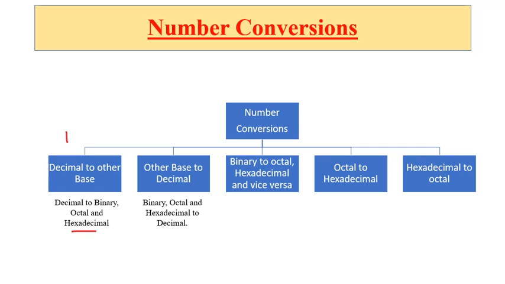In the second category, we will convert other base numbers into decimal, that is, binary, octal and hexadecimal numbers are converted into decimal. In the third category, we will discuss how to convert a binary number into octal and hexadecimal number systems, and vice versa, that is, the conversion of octal and hexadecimal numbers into binary.